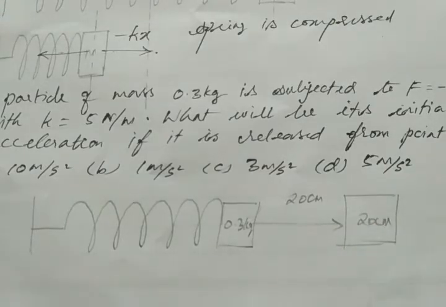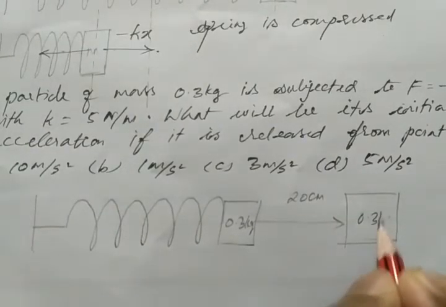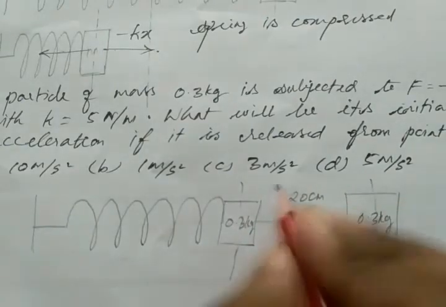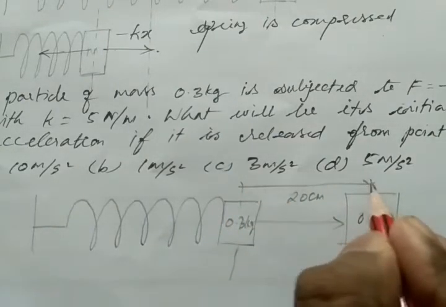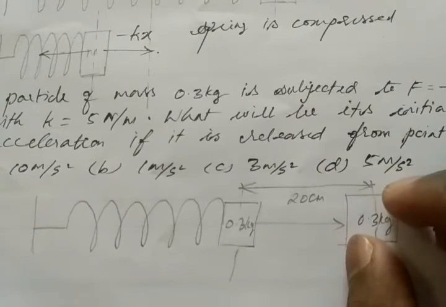So this mass is displaced up to 20 centimeter. Here we have 0.3 kg. This distance is known as displacement of the spring, that is 20 centimeter. Now we release this mass.